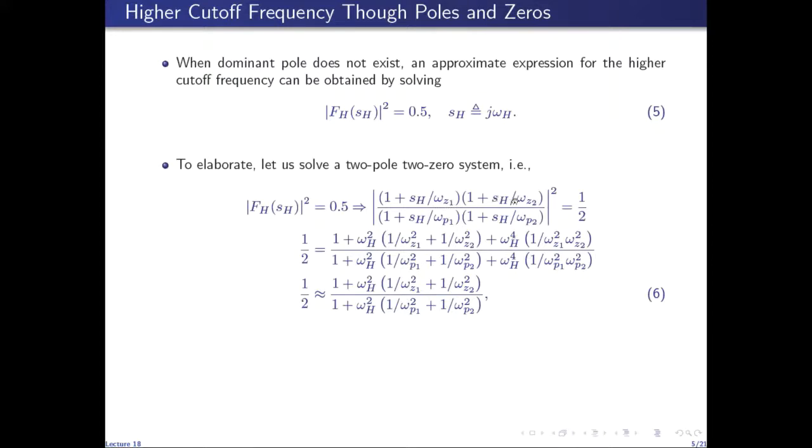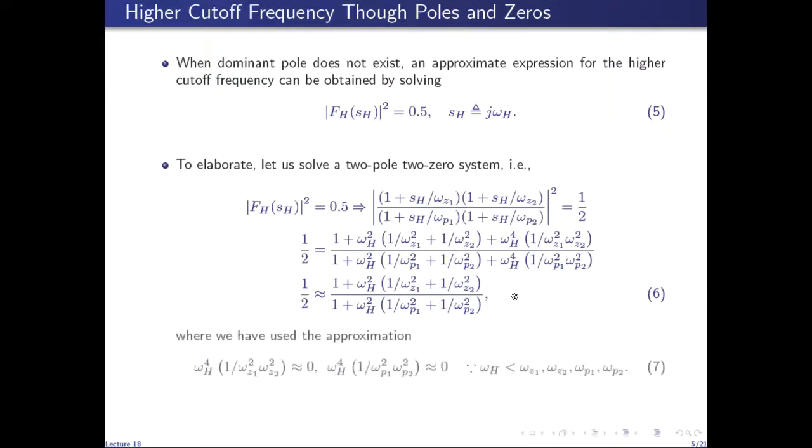Similarly, we can obtain the magnitude square of the other 3 terms, and we'll get a 4th degree polynomial in the numerator and a 4th degree polynomial in the denominator, like this. So under the assumption that this term is really small, because strictly speaking, omega H is less than all the poles and zero frequencies.